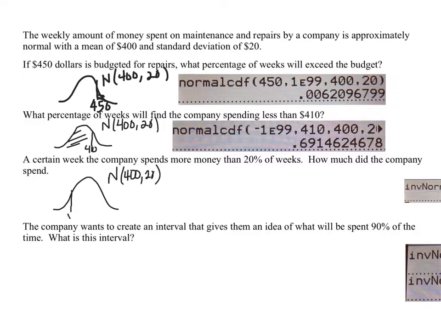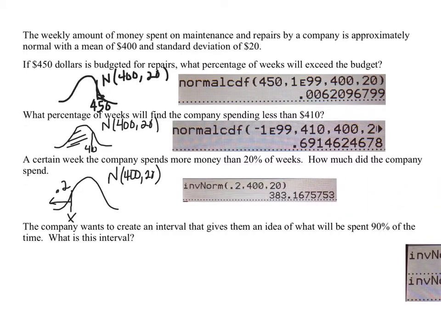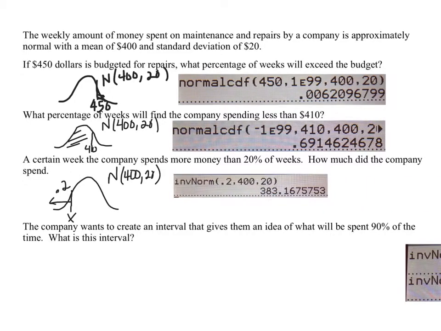So we're wondering what this value is that has 20%. I'm going to put it as a proportion, 0.2 below. So let me drag that in. This is an inverse norm problem. And remember, the first thing we write is the area and then the mean, standard deviation. So you can see that week we must have spent $383.